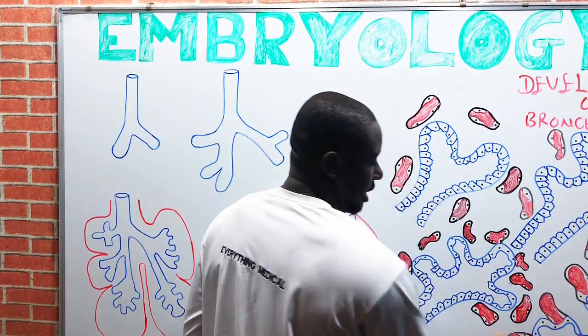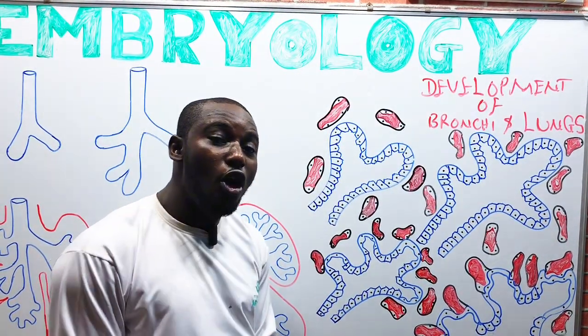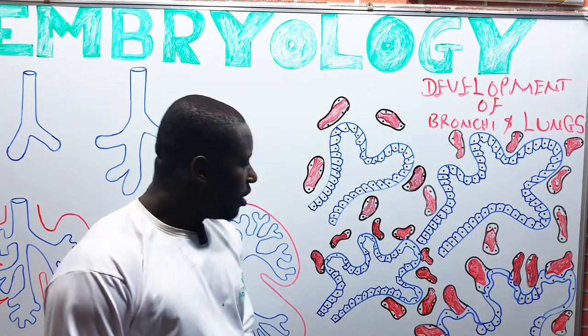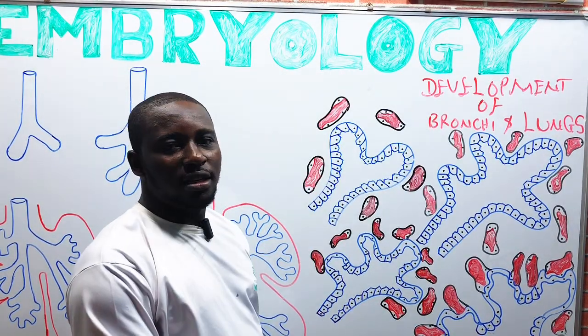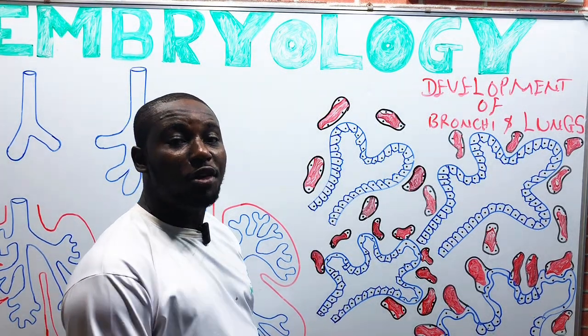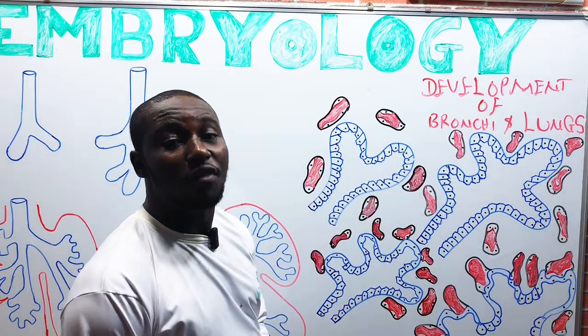While these diagrams here on this side depict the 4 cardinal stages of the maturation of the lungs. Yes, the first one begins to develop from the 5th week to the 16th week of IUL.